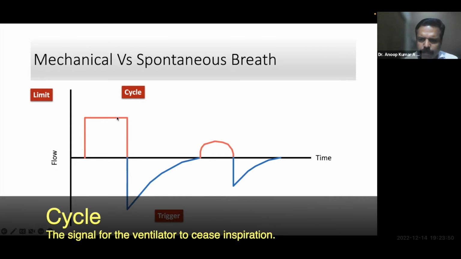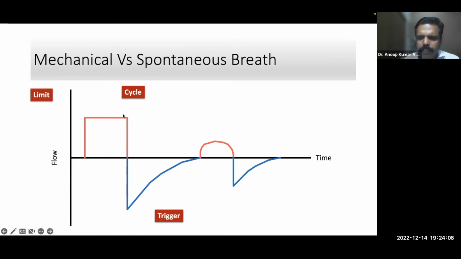This is the term called cycling, which determines at what point the inspiration has to go to the next phase of expiration. Then we have the peak expiratory flow rate in the expiratory part, which is how much maximum flow the patient is achieving.